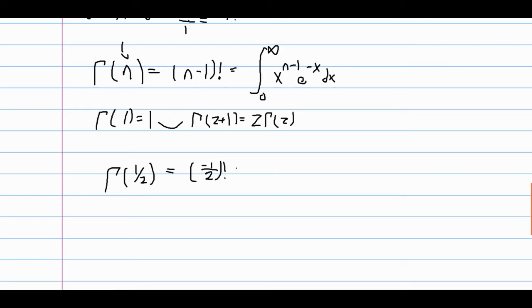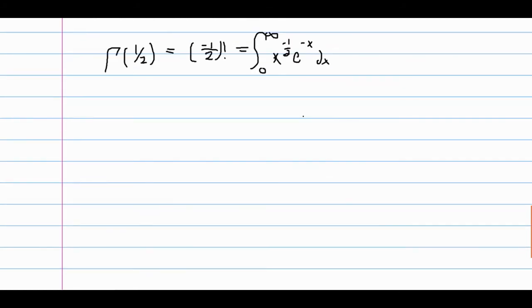Well, this is equal to the integral from 0 to infinity of x to the negative 1/2 times e to the negative x dx. So we want to compute this in some way.